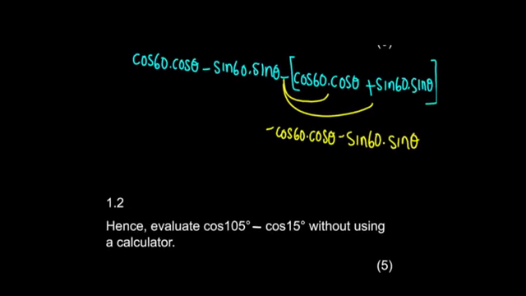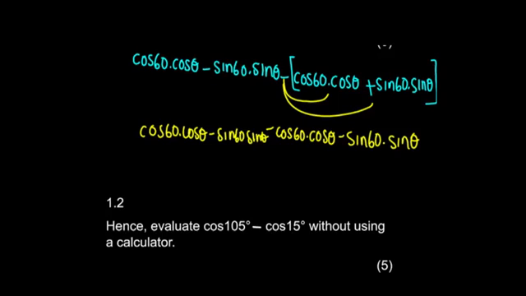Now guys, have a look at what you've got. We've got some like terms. Remember, this is all on one line. Let me just bring it down. We've got cos 60 cos theta, minus sine 60 times sine theta. Have a look at what you've got. You've got like terms that you can add and subtract, right?